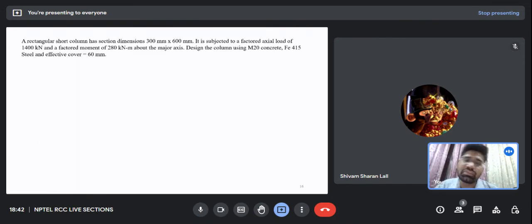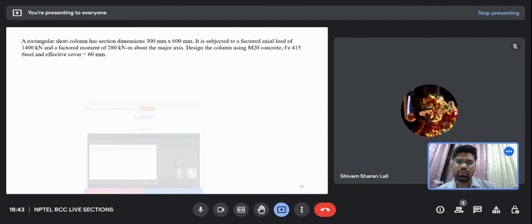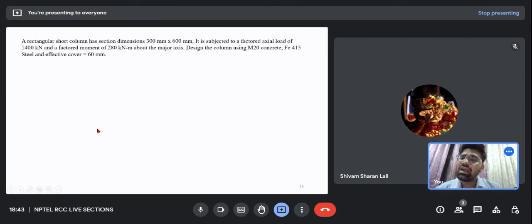Now let's look at this problem. What the problem says: a rectangular short column has section dimensions 300 mm by 600 mm. It is subjected to a factored axial load of 1400 kilonewton and a factored moment of 280 kilonewton meter about the major axis.